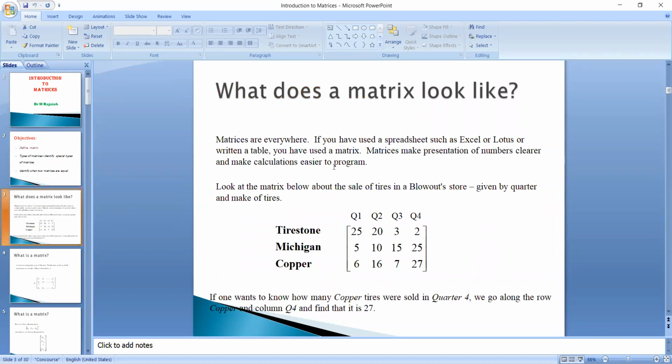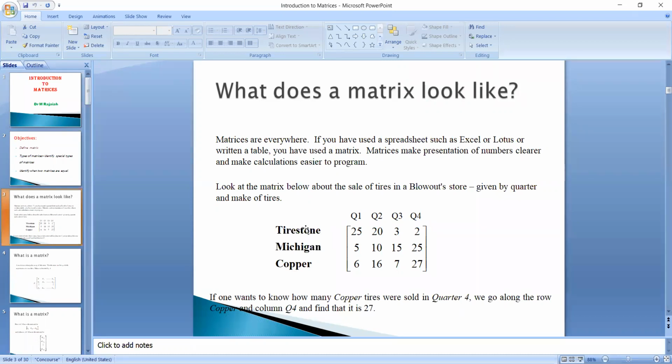If you have used a spreadsheet such as Excel or a Lotus sheet, or written in a table, you have used a matrix. Matrices make the presentation of numbers clearer and make calculations easier to program. Here in this matrix notation, Q1 means quarter 1, then quarter 2, quarter 3, and quarter 4. What is meant by quarter? A 3 months period in a year is called a quarter.